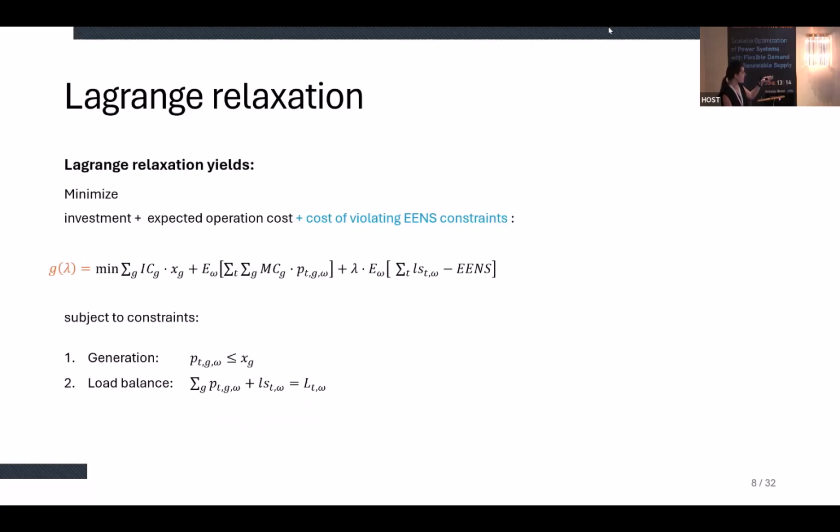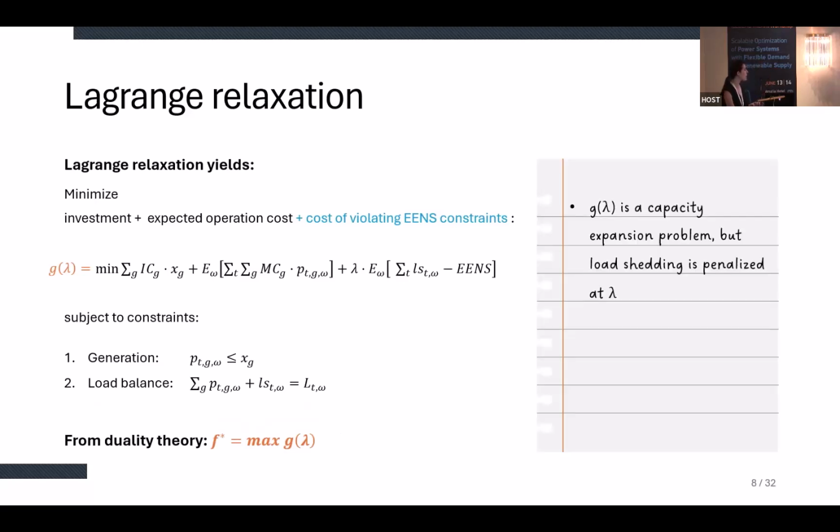So we have defined the function g of lambda, and we know from duality theory that if we find the lambda that maximizes g of lambda, it gives us the solution that we want. The good thing about g of lambda, and why we can work with this instead of the previous problem, which is a very large problem that we cannot decompose and approach, is that g of lambda resembles a lot the first formulation that we had.